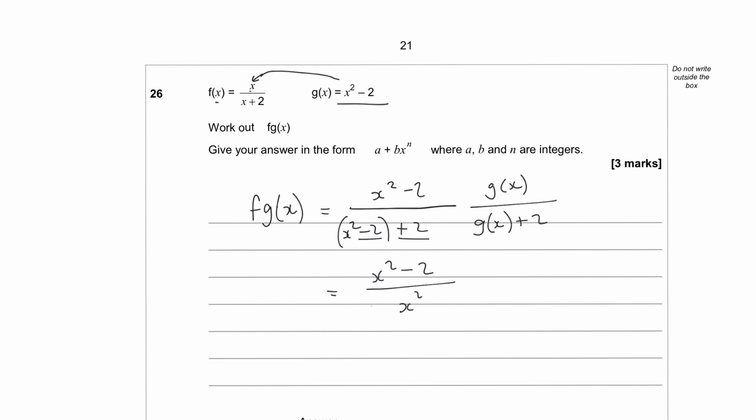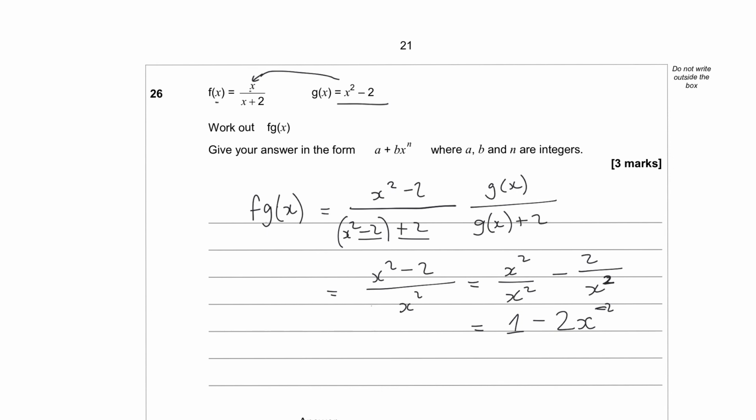And then last but not least, now that you've worked that bit out, you can simplify this even further. That's the same as saying x squared over x squared minus 2 over x squared. X squared over x squared is going to cancel out and give us 1. 2 over x squared is going to give us minus 2x to the power of minus 2, because whenever you divide by an index, it becomes a negative power.